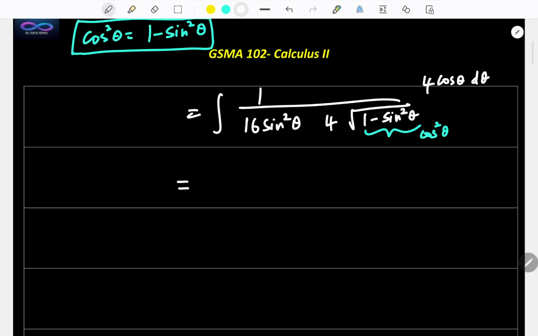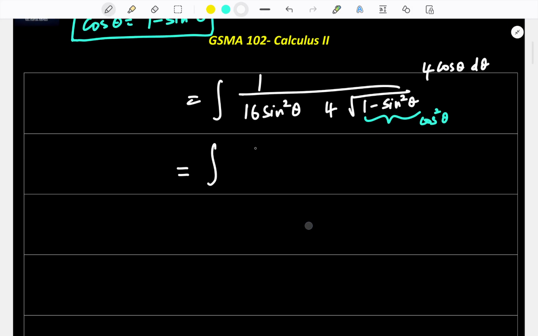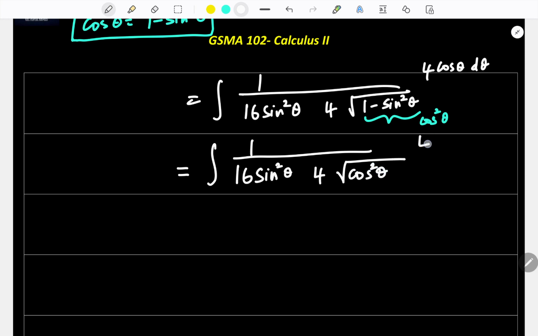So this equals the integral of 1 divided by 16 sine square theta, 4 is there and this is the square root of cos square theta, and then 4 cos theta d theta.